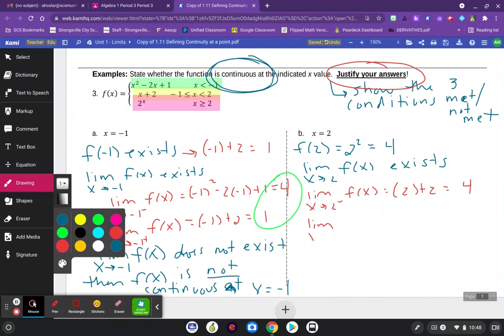And I need to check the limit as x approaches 2 from the right side of my function. And that's the 2 to the x function. So 2 to the second is 4. And hey, this time those things match. Okay? And the last thing that I need to verify is, does f of 2 equal the limit as x approaches 2 for my function?